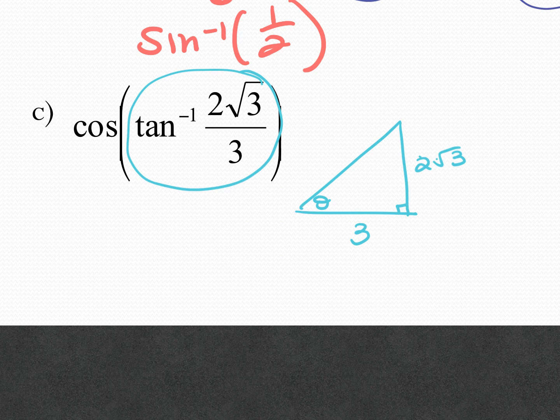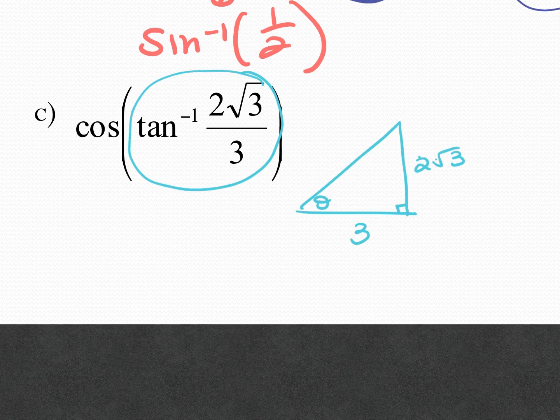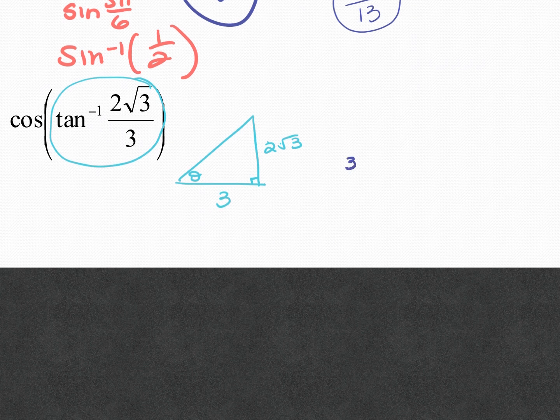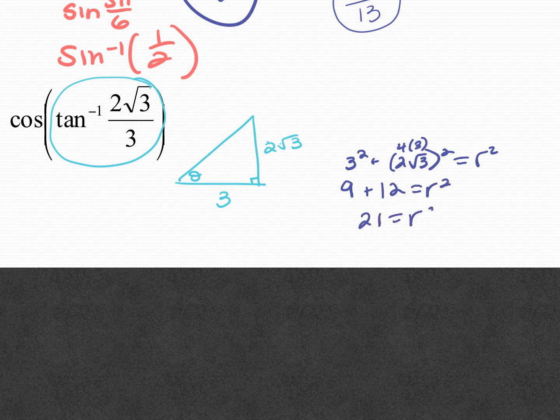And I have to find the missing side. This time I have to use the Pythagorean theorem. So 3 squared plus 2√3 squared equals the hypotenuse squared or the radius squared, 9 plus, this would be 4 times 3, 12. 21 equals r squared, so r equals the square root of 21, which can't be reduced, so it's left like that.